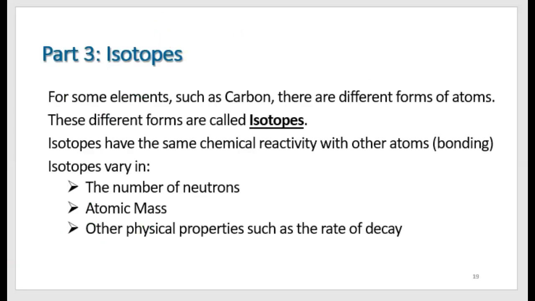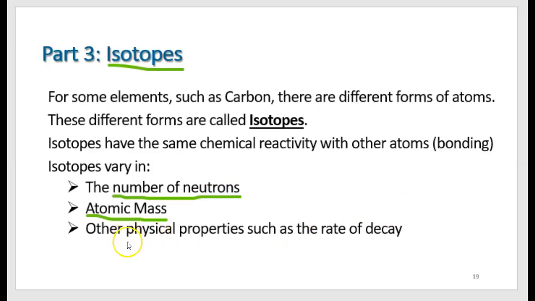So the next part that I'd like to review from your general chemistry class deals with different forms of atoms called isotopes. For some elements, not all elements, but carbon, it's true, there are different forms of atoms, and these different forms are called isotopes. They vary in their mass, and that mass varies because different forms of carbon will have different numbers of neutrons.